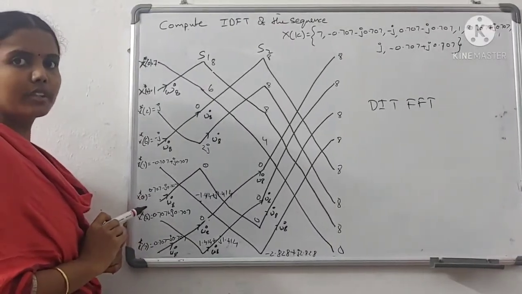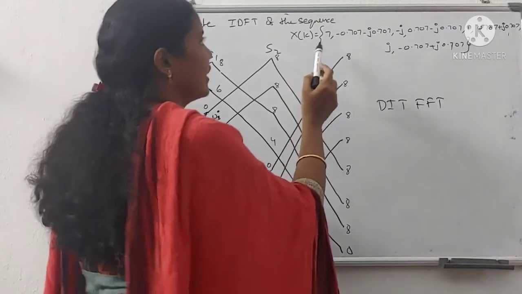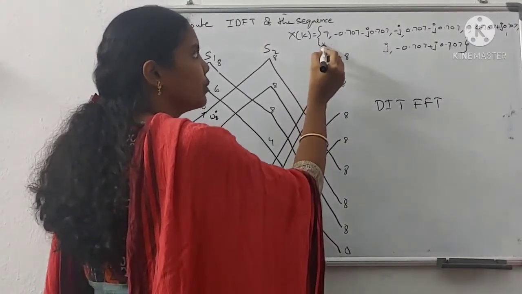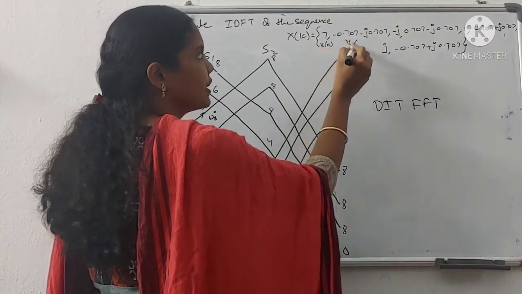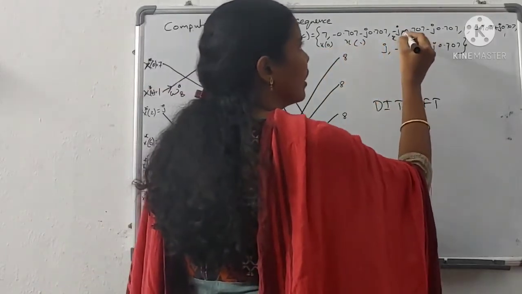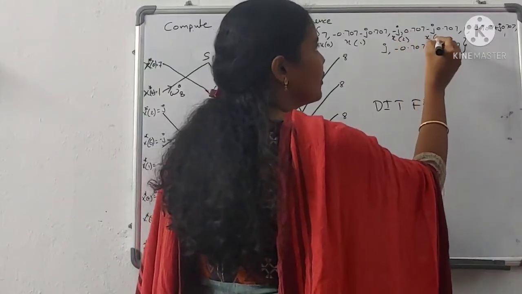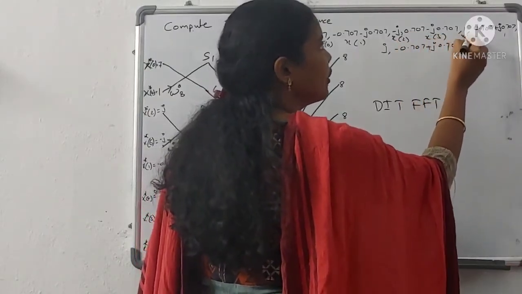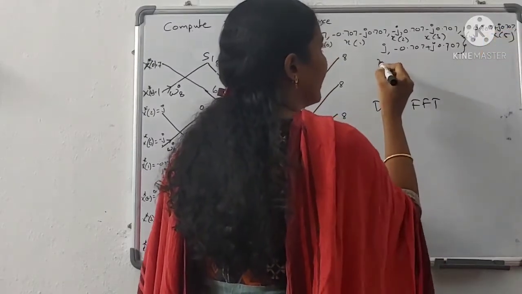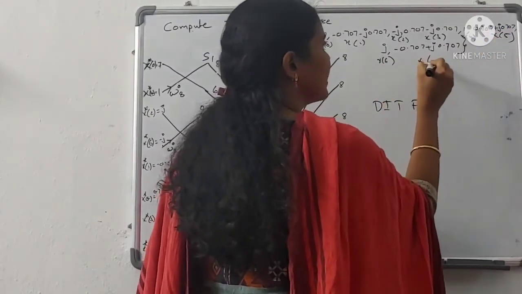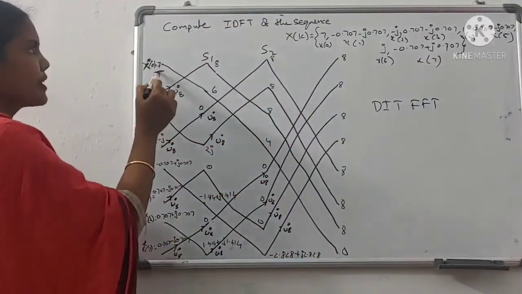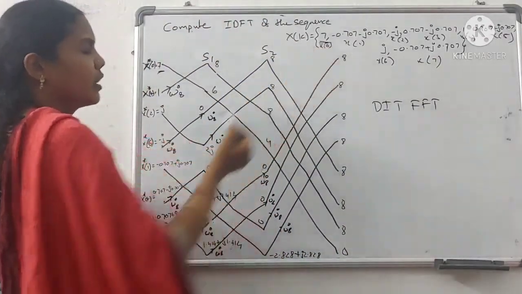Okay. So what is the given data? X(k) is equal to this. Okay. So this is what? X(0), this is X(1), X(2), X(3), X(4), X(5), X(6) and this is X(7). Okay. So for X(0), what is the value? 7. Okay.